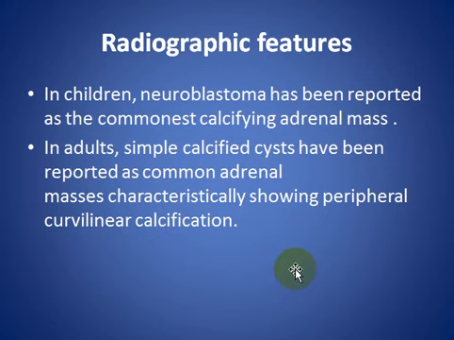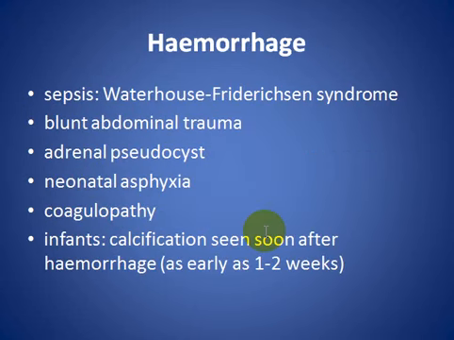In children, we should suspect neuroblastoma as the commonest calcified adrenal mass. In adults, calcified cyst has been reported as a common adrenal mass, characteristically showing peripheral curvilinear calcification, as we will see in some examples.